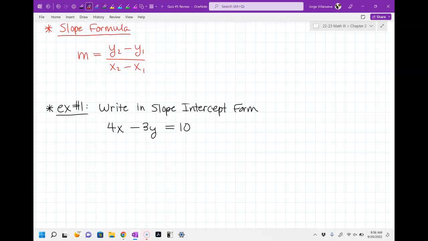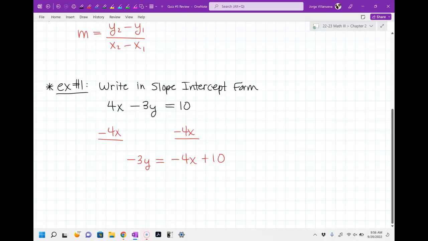So that means you got to move everything around so that y is by itself. So let's move the 4x in this case, right? So let's subtract 4x. So that gives me negative 3y equals negative 4x plus 10.